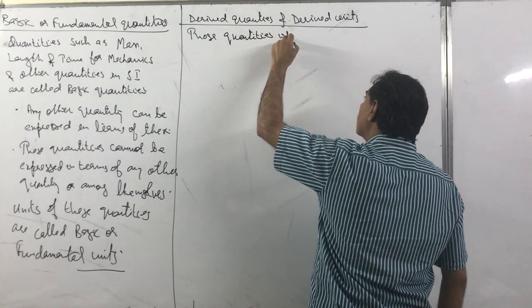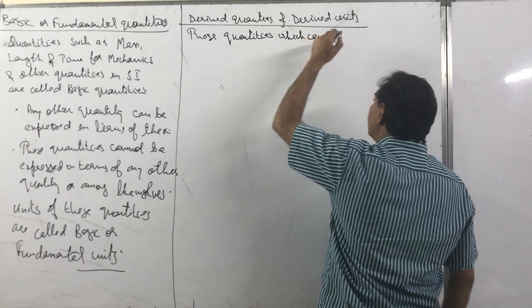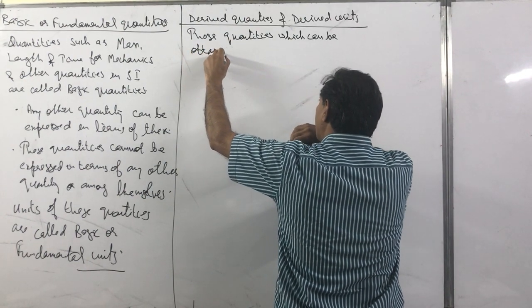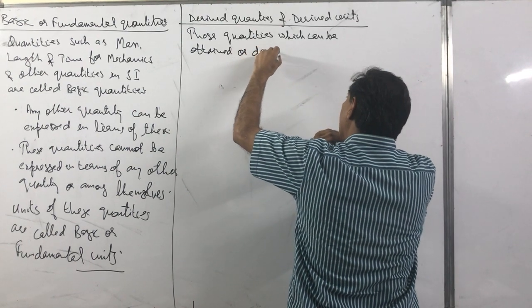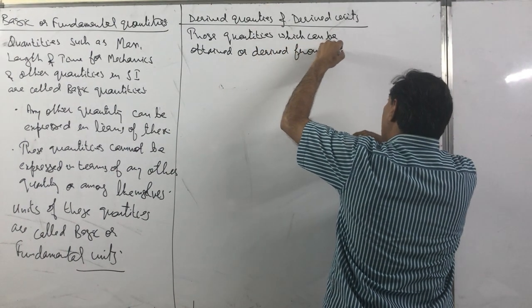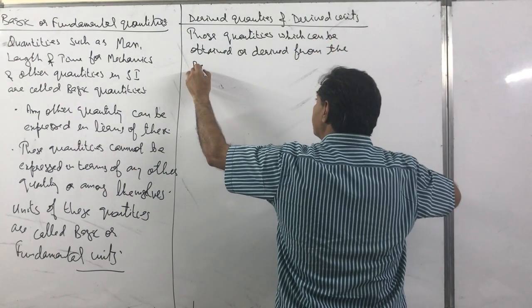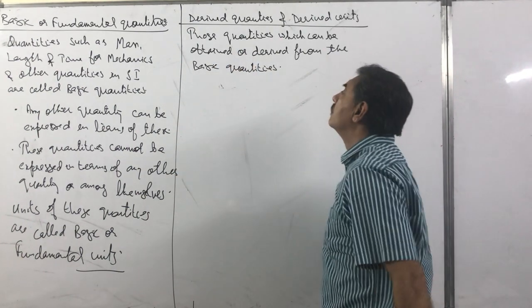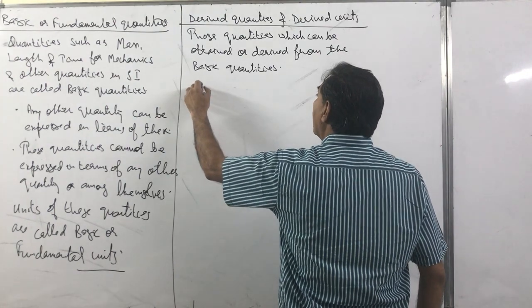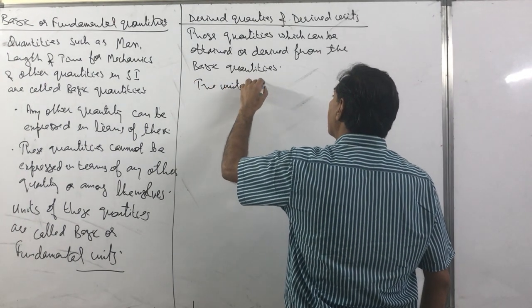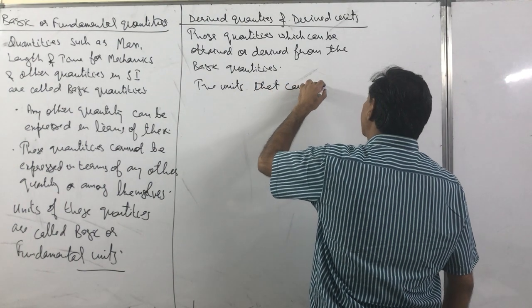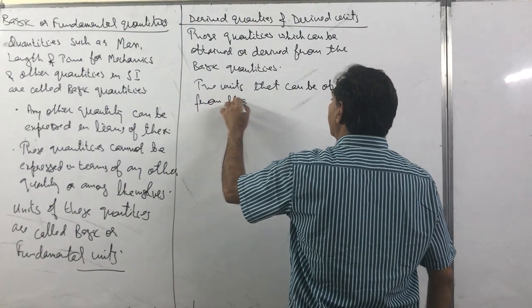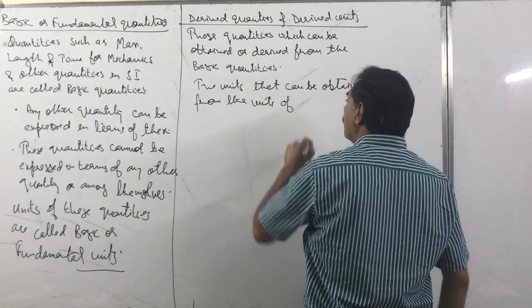Those quantities which can be obtained or derived, and the units that can be obtained from fundamental units.